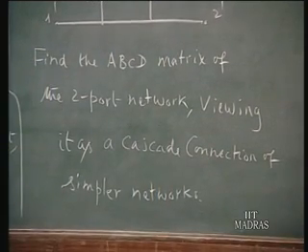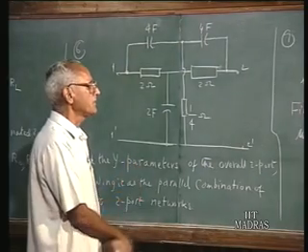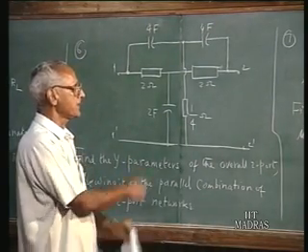So, think of this as the cascade connection of several simple 2-port networks. Find the ABCD matrix of each one of these simple networks, multiply them up and you get the overall ABCD matrix of the entire configuration.